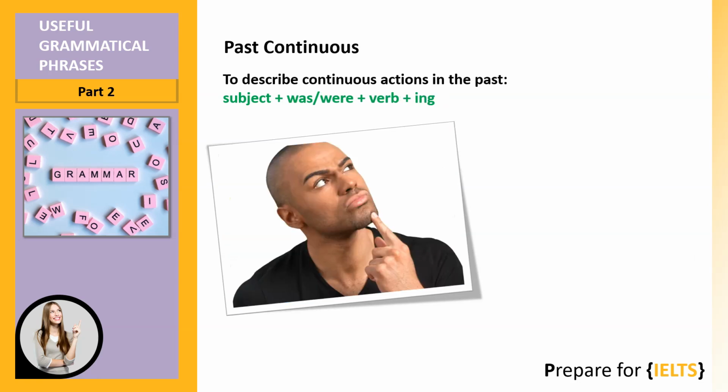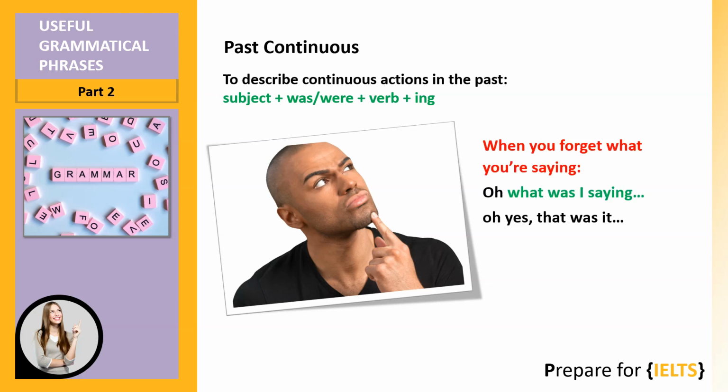IELTS examiners love to hear continuous tenses because native speakers use them all the time, but non-native speakers don't often use them. And it's not because they don't know them, it's because often in your language you maybe don't use continuous tenses. In English, we do.